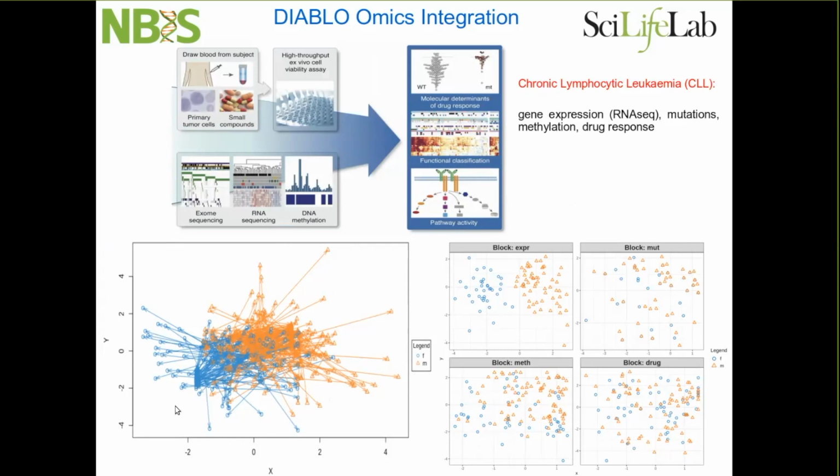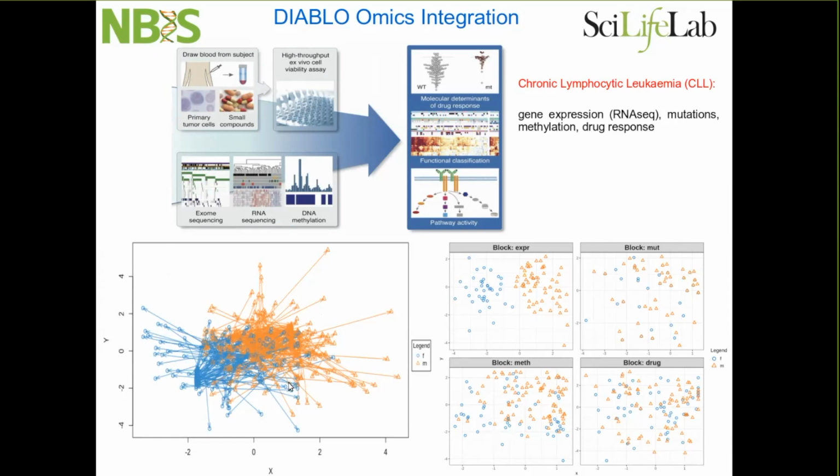It's called arrow plot. You have 4 blocks of data types, and you project all your different data types on a common latent space. And this picture is a result of integration, a result of averaging across all your omics.